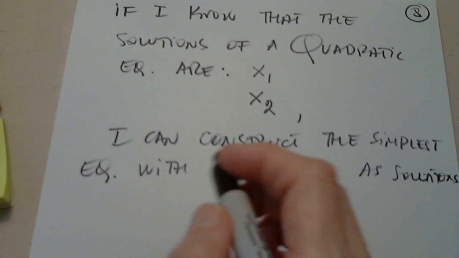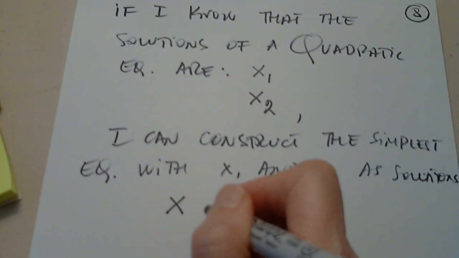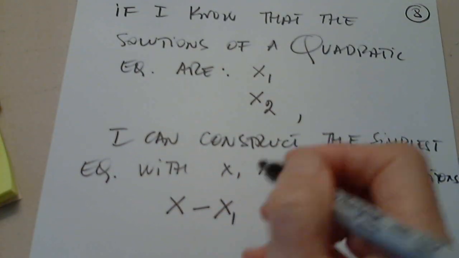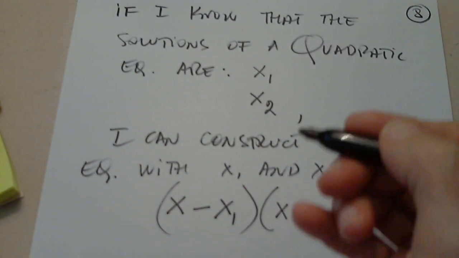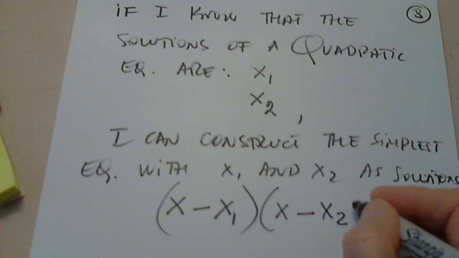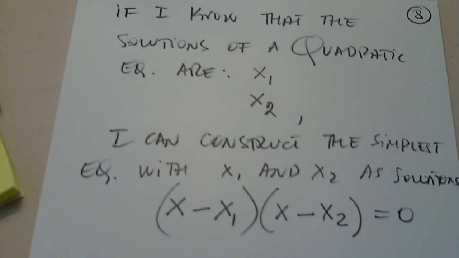How do I do that? x, the general variable, minus this number times x minus this number set equal to 0. So if somebody gives me the solutions, I can construct back. I can tell you the simplest equation that has those solutions.